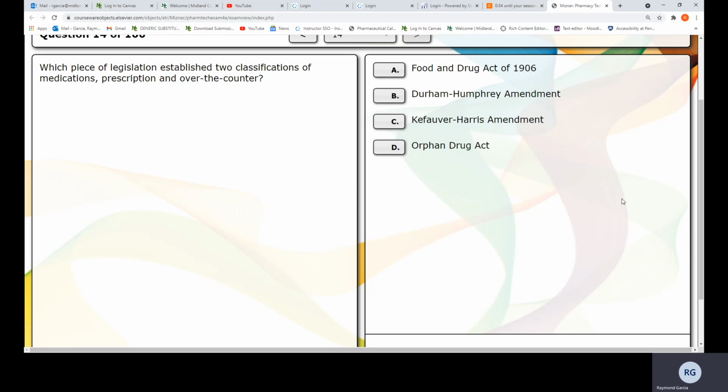So it would be the Durham-Humphrey Amendment. The Kefauver-Harris Amendment requires all medications in the United States to be pure, safe, and effective, and establishes procedures for both drug applications and investigation of drugs. So it's actually Durham-Humphrey.